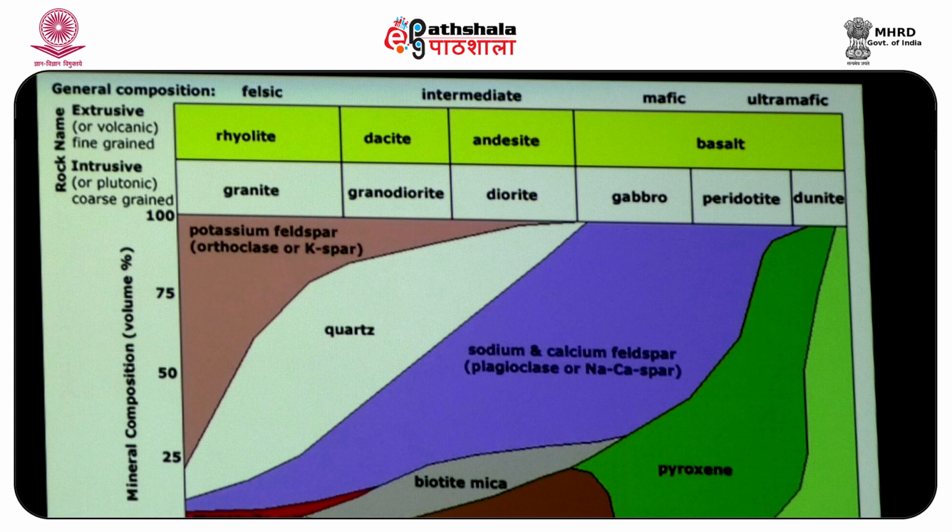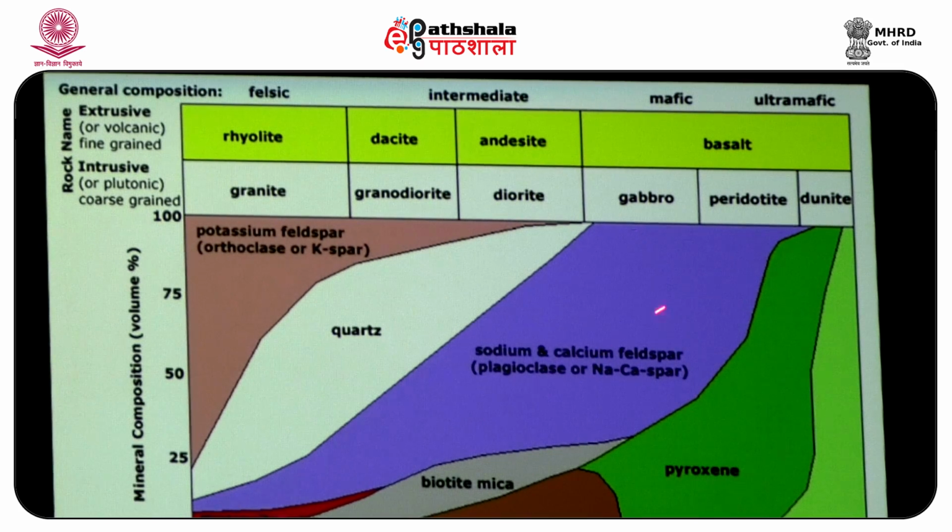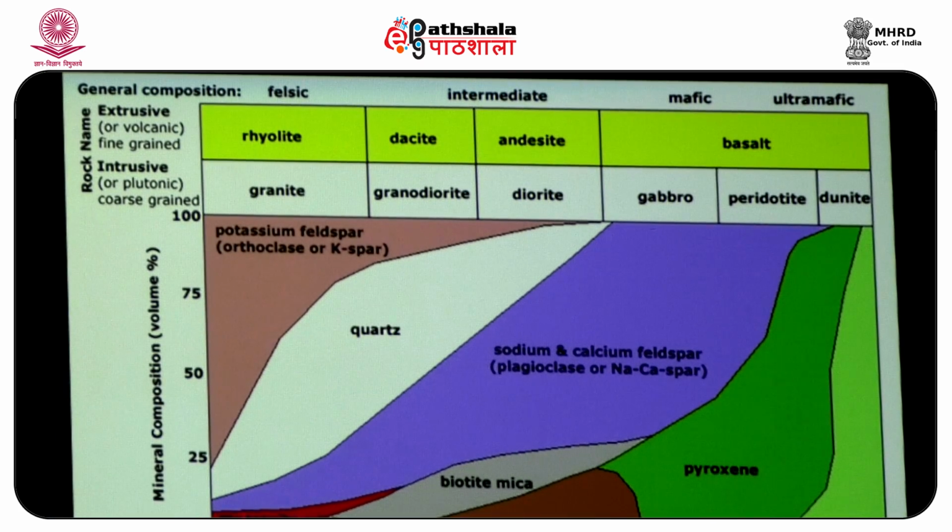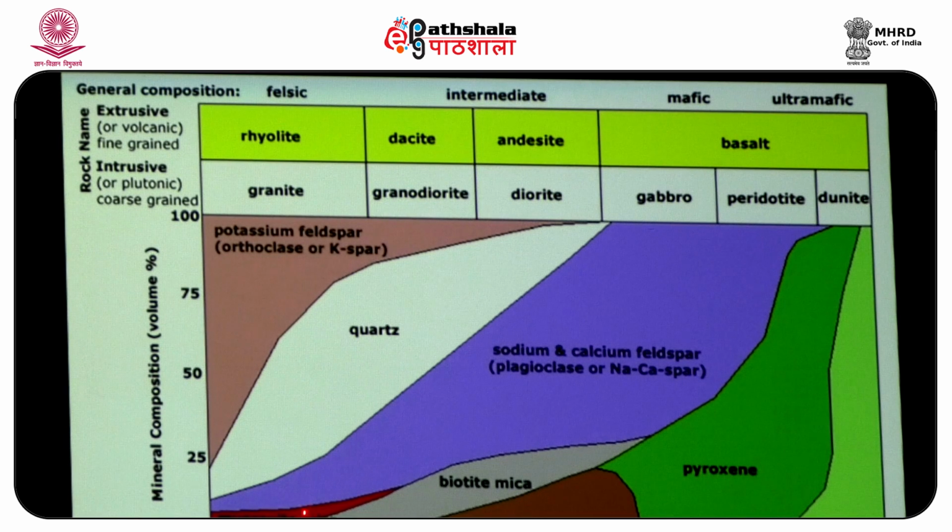So, what we are seeing here in general are the major minerals which are present. This is potash feldspar or orthoclase, quartz, then sodium and calcium feldspar, that is plagioclase, and minor muscovite mica, some biotite mica, amphibole, pyroxene, and olivine.